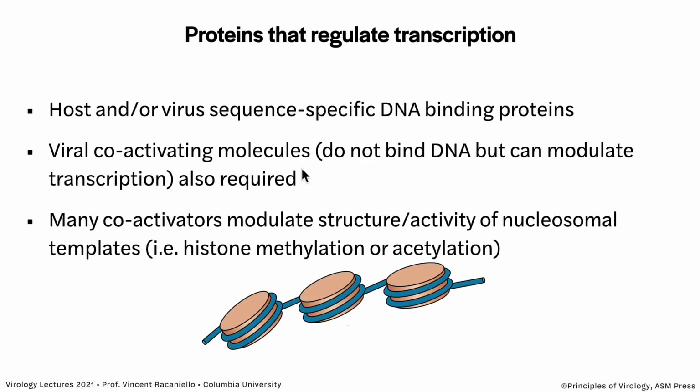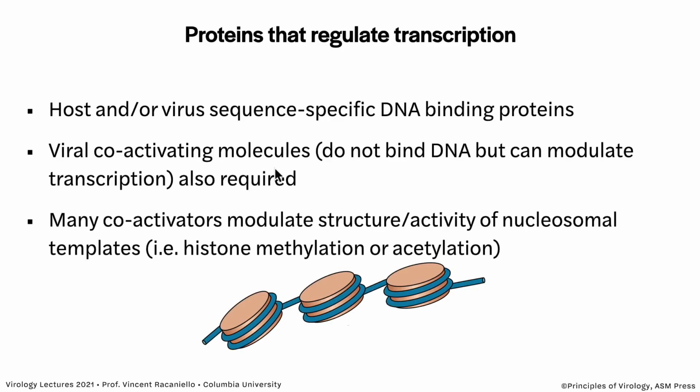Co-activating molecules do not bind DNA, but they can modulate transcription. And again, they can be viral and host. And many of these work by modulating the structure of nucleosomal templates. So you can methylate or acetylate histones, the histone proteins, and that will affect how tight the DNA is wrapped around the histone, and that will regulate transcription.